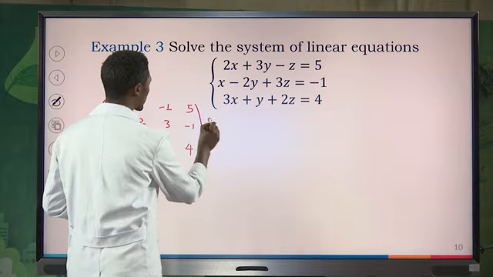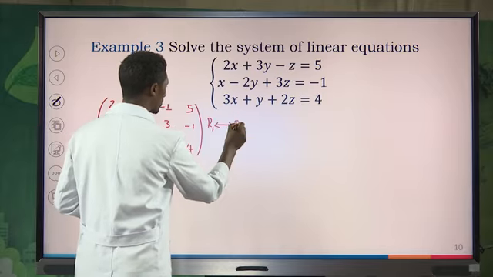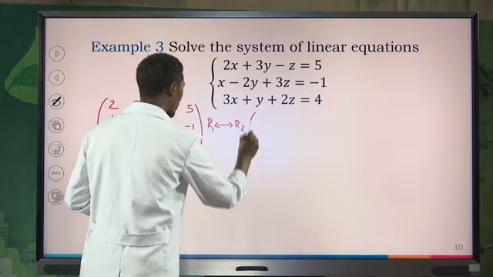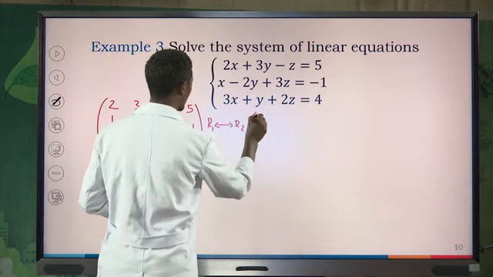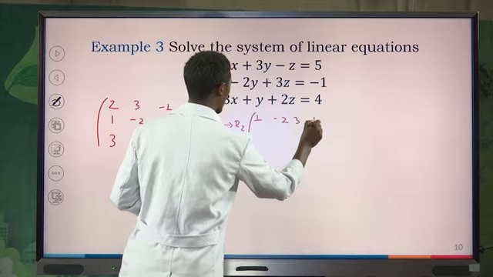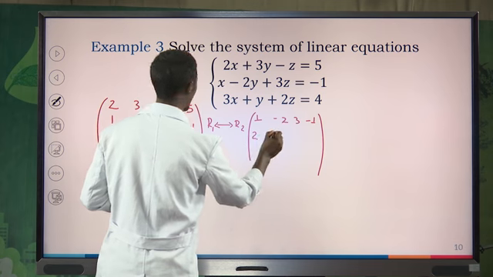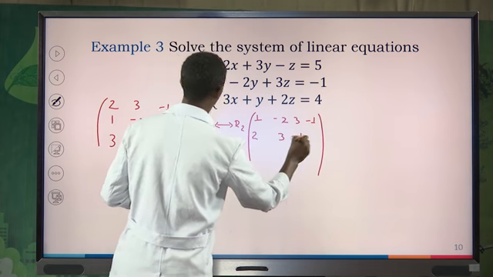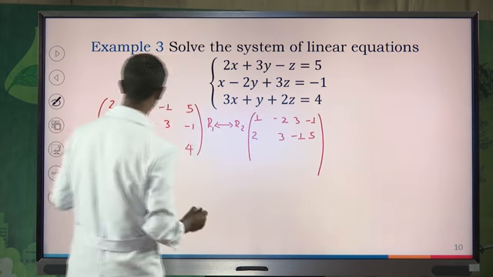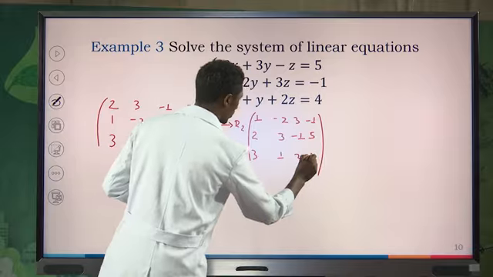So row 1 will be changed by row 2. We can write the first row as 1, minus 2, 3, minus 1, and the second row will be 2, 3, minus 1, 5. And the third row as it is, 3, 1, 2, 4.